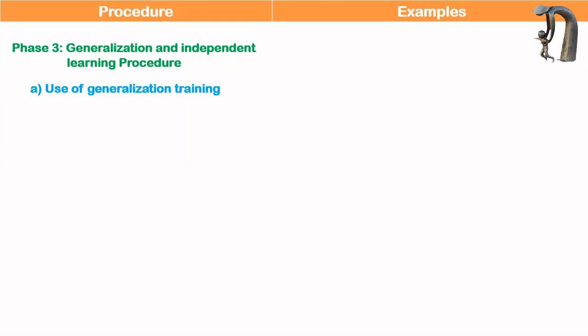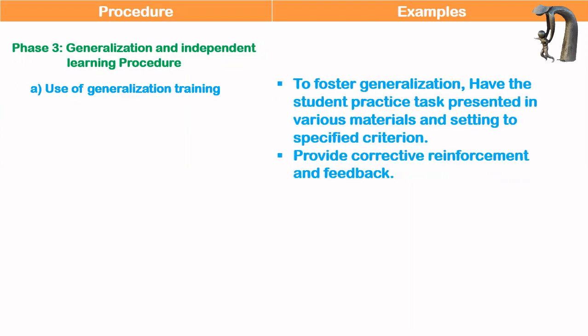To foster generalization, have a student practice a task presented in various materials and settings to a specified criterion. You have already learned this in phase 2. But here, generalization means whatever the child has learned, whether he is applying it in a different situation, with different material, with 100% criterion or not, that you need to understand.